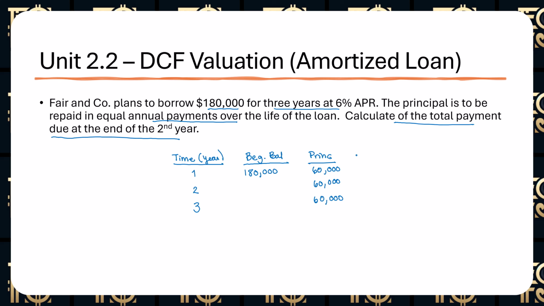Then we're going to calculate the interest, and rather than using our time value of money inputs, in this scenario we are going to multiply the interest rate times the beginning balance.